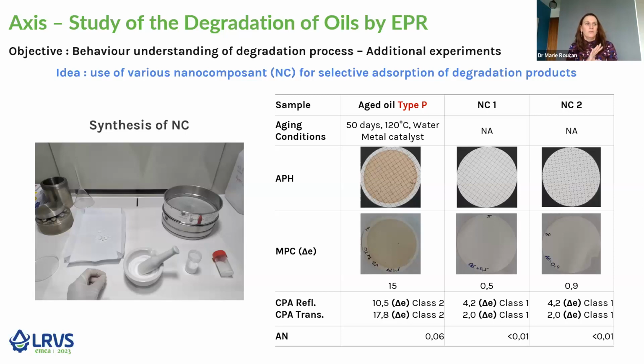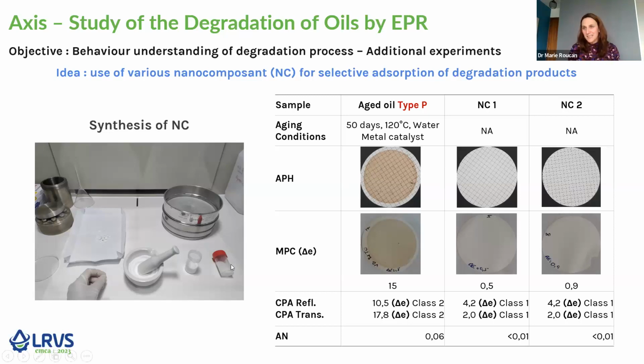For example, if in your aging samples you have, I don't know, 4 or 5 species formed, but one in a very high concentration, then you're going to miss the others. You're not going to see them. So what we wanted to do is to make some nanocomposites that could adsorb specific species. And like that, you could actually remove these from your samples and then be able to see the ones which are smaller or hidden underneath.